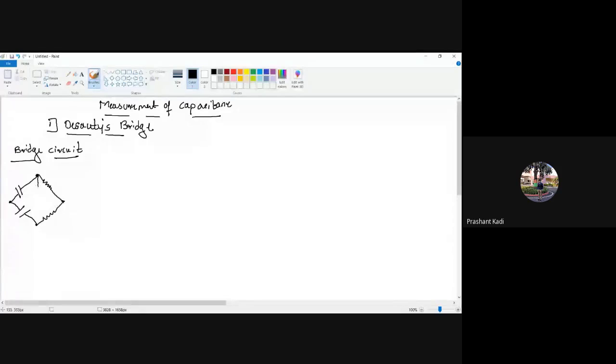This is a simple bridge. Within one line you can find the value of C1.